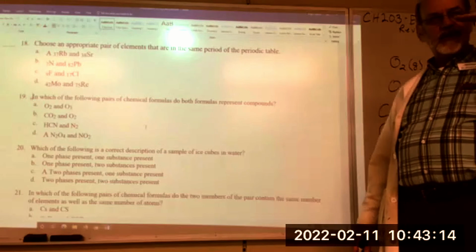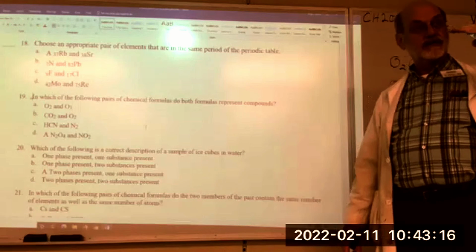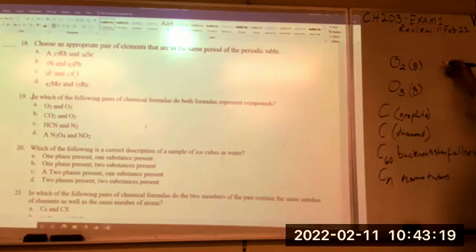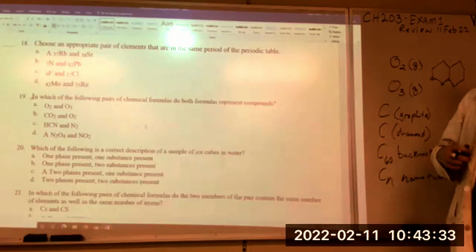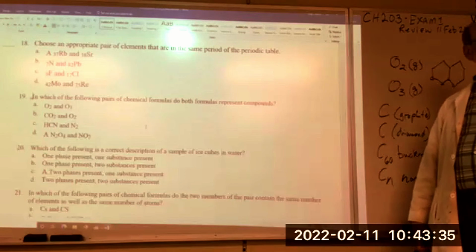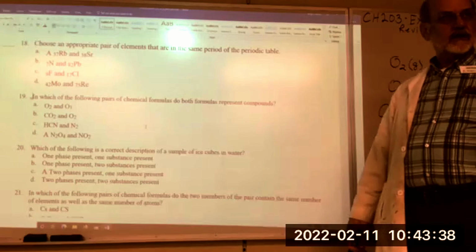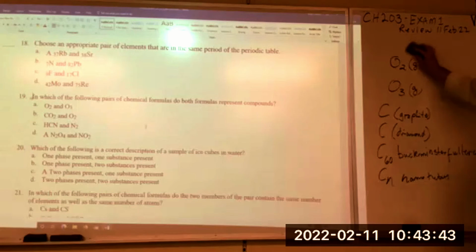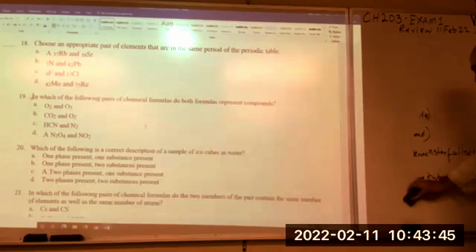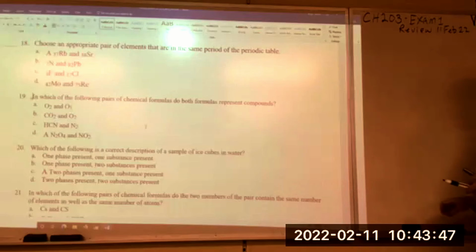Once they can get a single layer of atoms, and the layering of graphite is hexagonal. So it'd be like this, like that. Each one of these is a carbon. And it just goes on. But it's a single layer. It turns out it makes an excellent base as a semiconductor, like silicon. But those are all allotropes of elements.